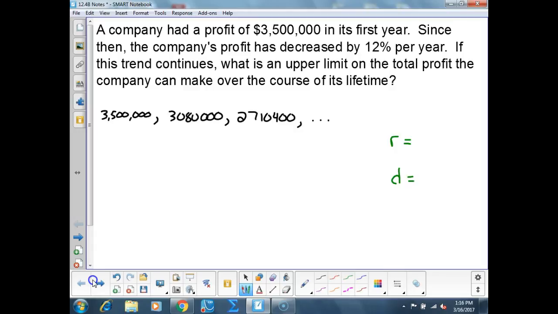We're subtracting a different amount, right? Okay, all right, so it's an R case. What is R then? 0.88. We're multiplying by 0.88 every time.